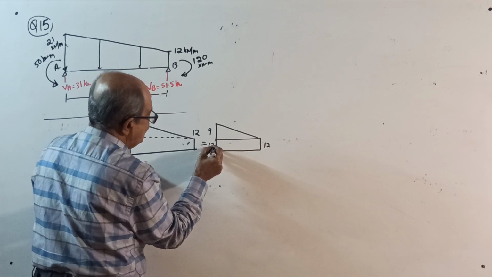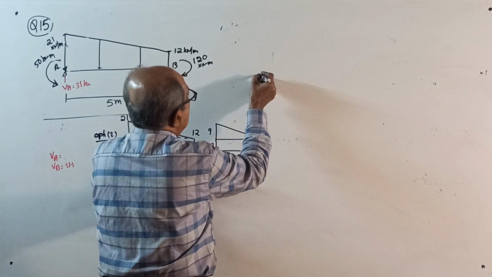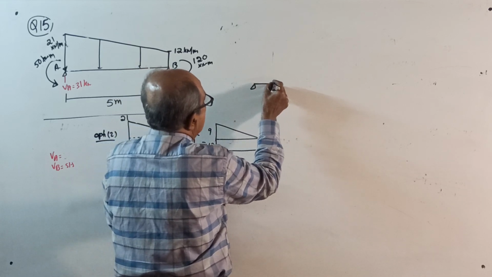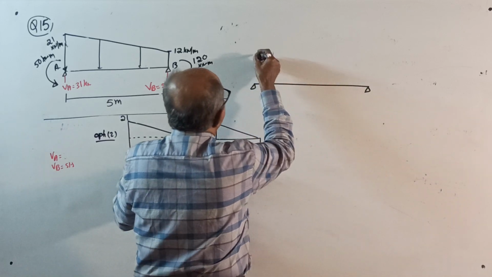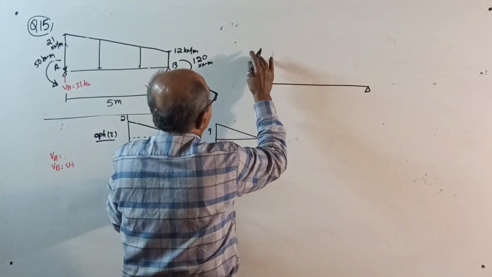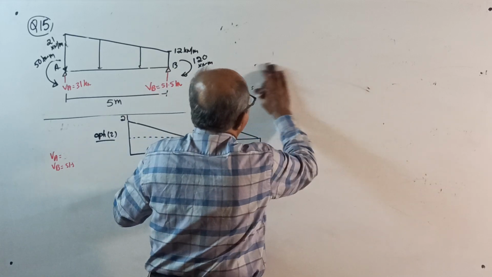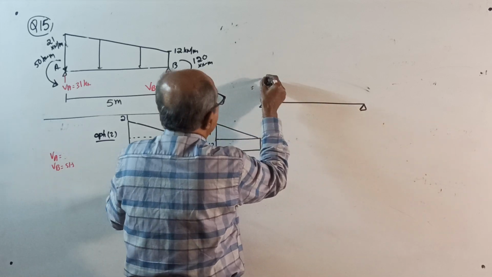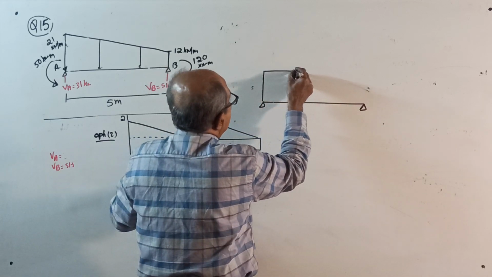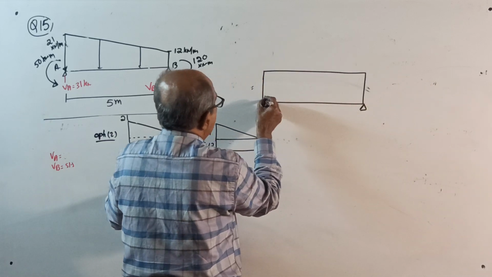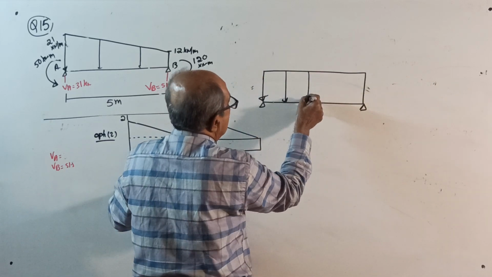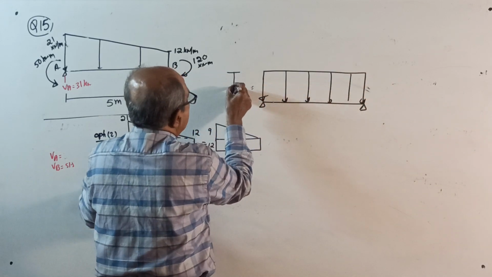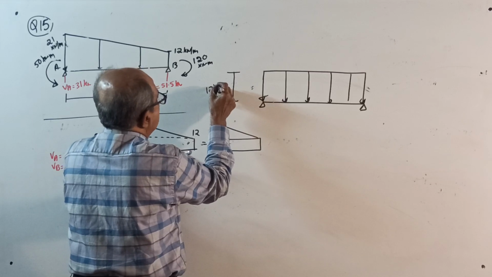So write 12 here and 9 here. This is 12 kN per meter.